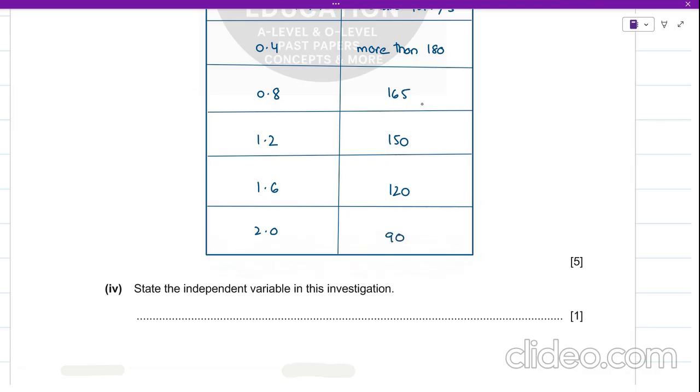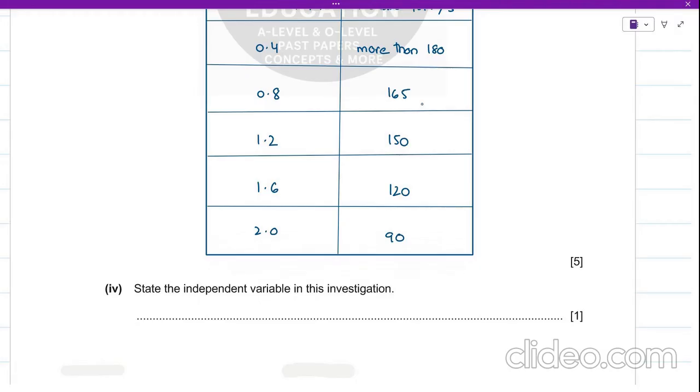Now they are telling us to state the independent variable in this investigation. You know that the independent variable is the variable that we are changing. It does not depend on anything else, but we are changing that variable.